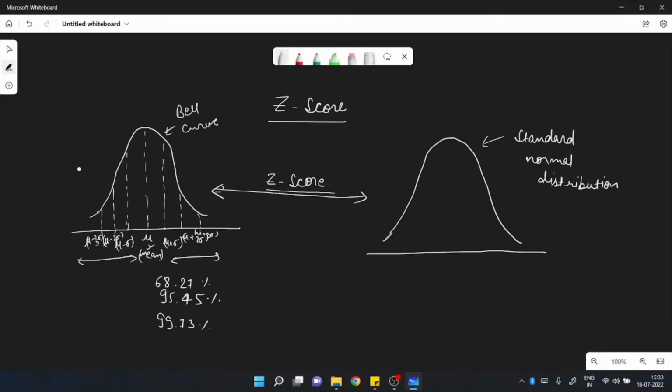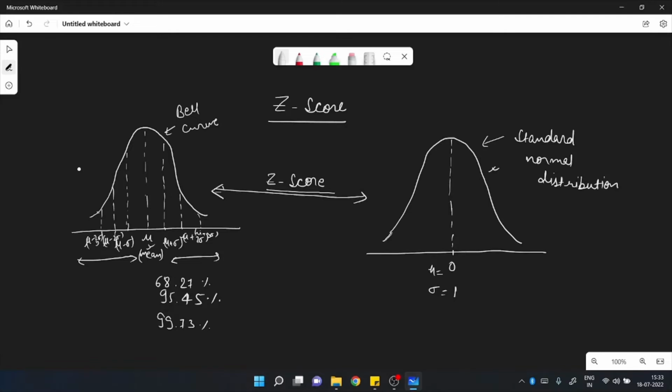And this particular shape should have mean equal to 0, meaning this midpoint, its mean, should always be 0, and standard deviation, sigma, should always be 1. So in that case only will this be called a standard normal distribution.